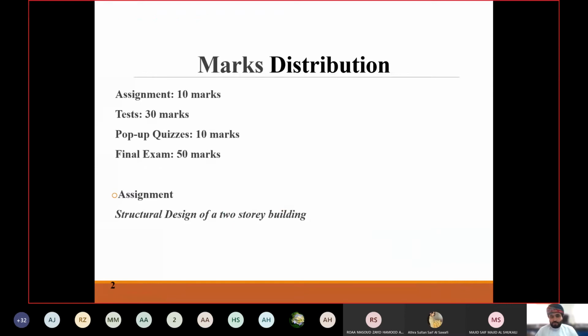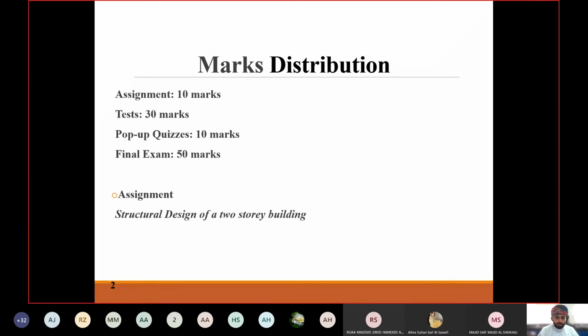Now regarding mark distribution, since this is the biggest question normally the students are having about this semester, we are going to have a different methodology of assessment. We are not going to have any mid-term examination. We are going to have 2 tests.